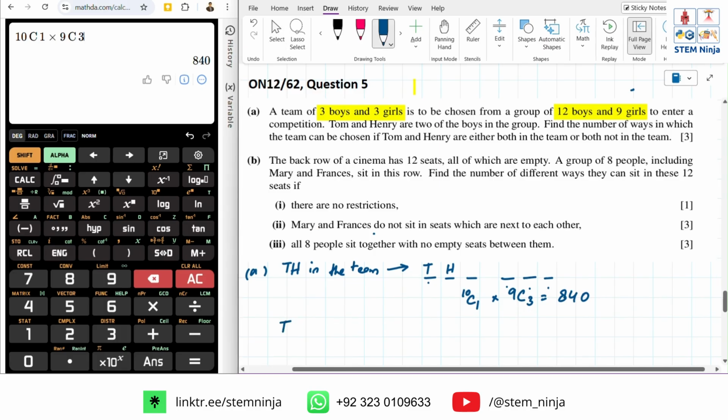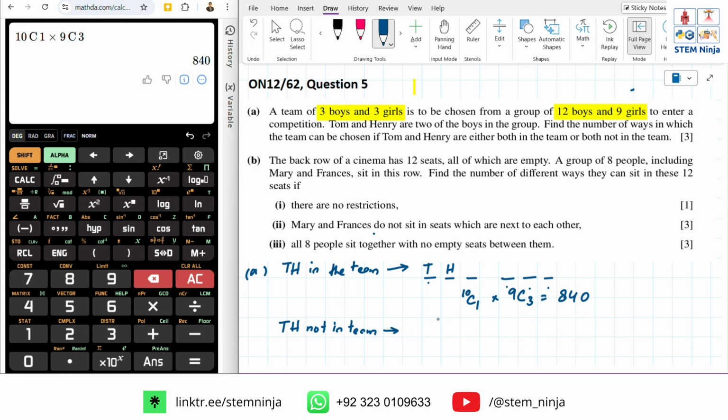So now Tom and Henry not in the team. If Tom and Henry are not in the team, that means you're still selecting from 10, but you're selecting 3. And then there is no restriction on the girls, so 9C3.